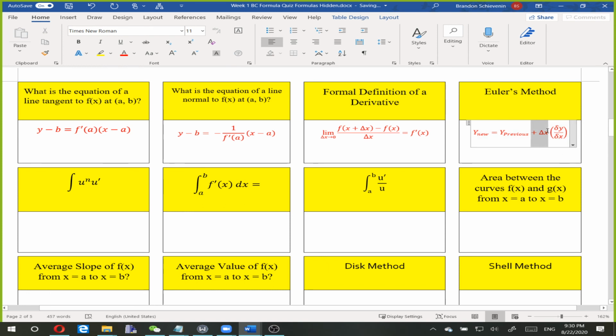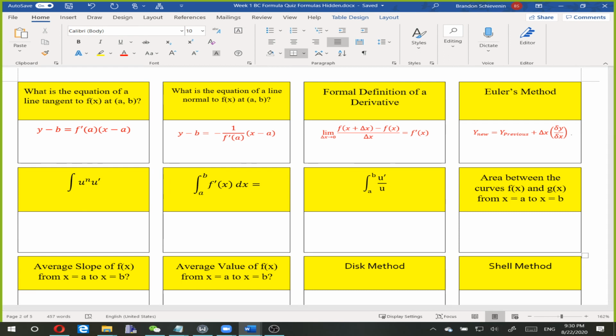This dx, though, is actually a change in x, not a derivative of x for this side here. So I'm going to change this one up a little bit than what I had. This is a change in x times your derivative at that point.